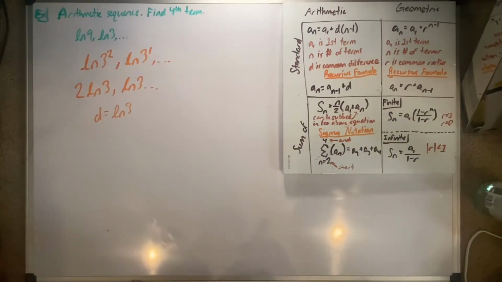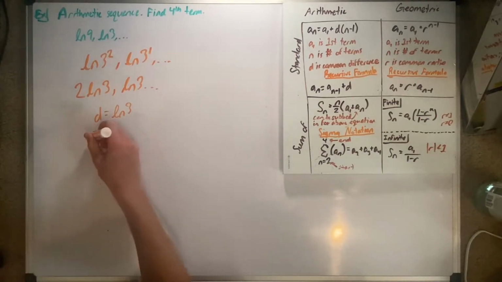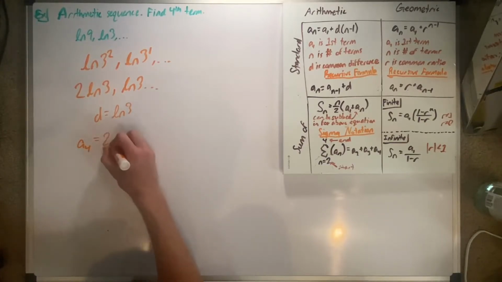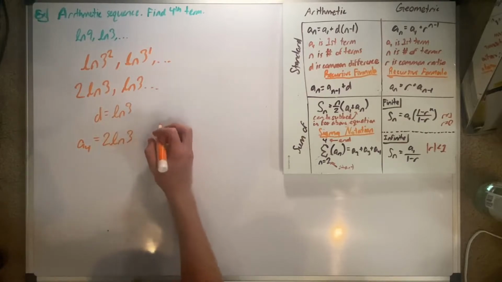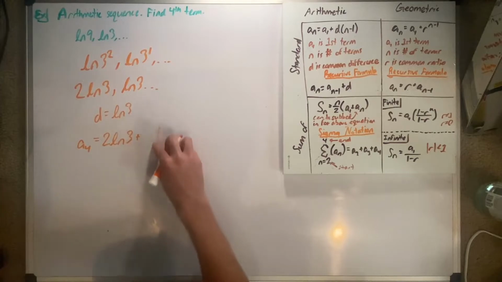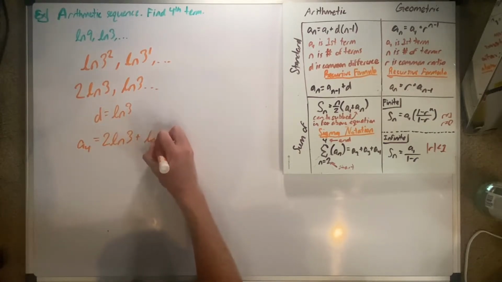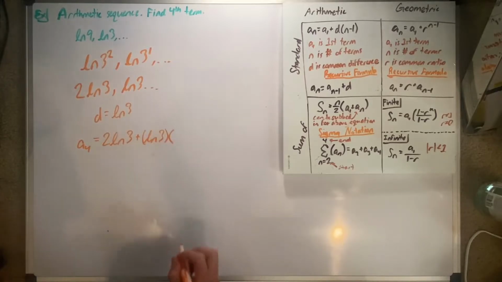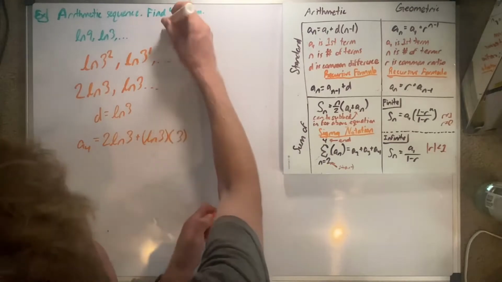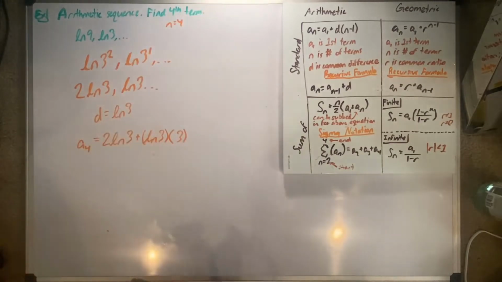So we'll start with our first one. We're looking for the fourth term. a sub 4 is equal to 2 ln 3 plus d, being ln 3, times n minus 1, so that would be 3 because we're looking for the fourth term, which means n is equal to 4.